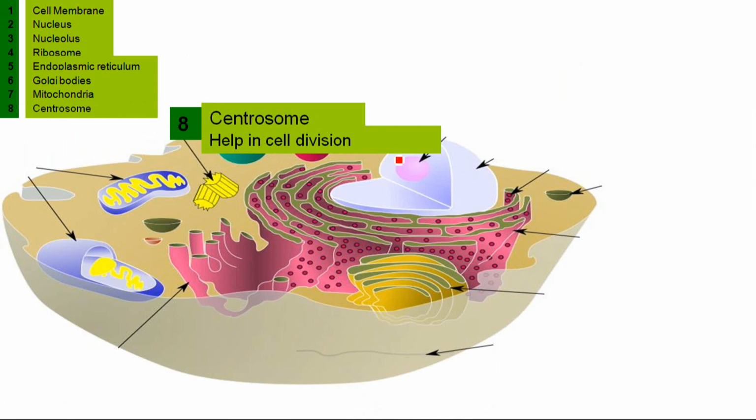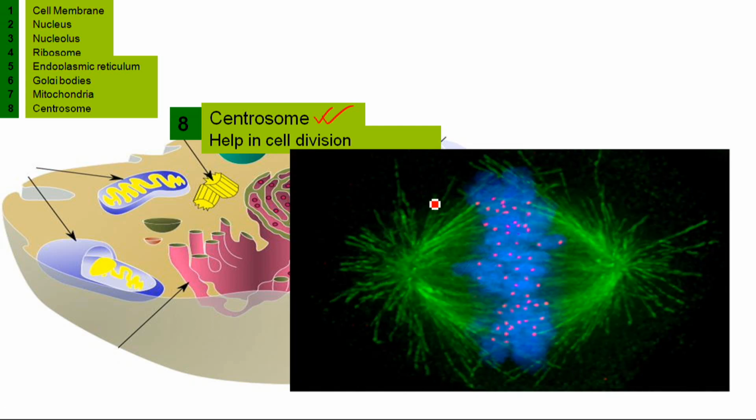Next, the centrosome. Centrosomes are special organelles that help in the cell division. And here in this figure you can see that during the cell division the centrosome helps for the separation of the chromosome, and is the center of all the microtubules or the cytoskeleton produced during the cell division, and this helps the organized way of separation of the two sets of the chromosome.